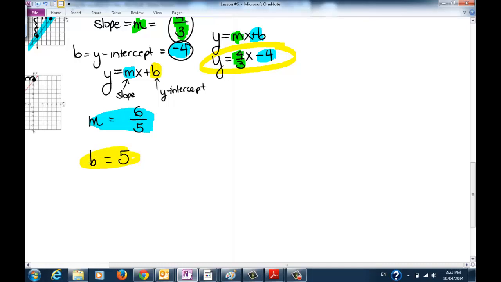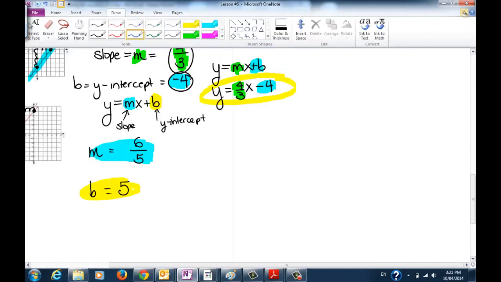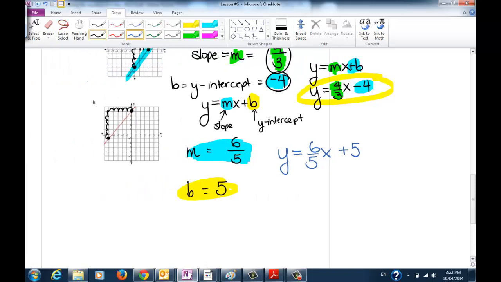And so I'm going to substitute this in. So I end up with y equals m is 6 over 5 x plus b is 5. Okay, and I can put that on my graph here. Y equals 6 over 5x plus 5.